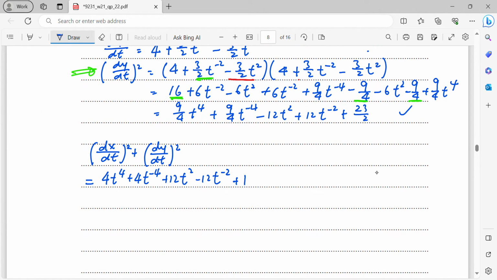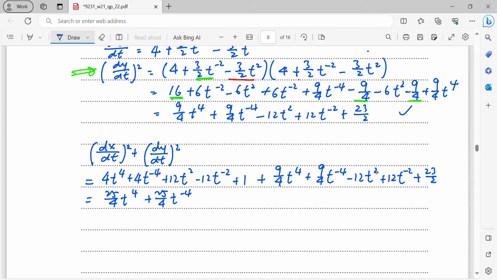And then now I plus with the dy dt squared. Now when you simplify, you will be getting 25 over 4 t degree 4 plus 25 over 4 t degree negative 4 plus 25 over 2.